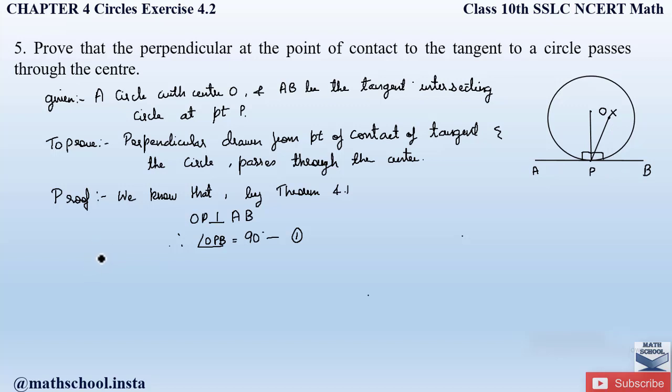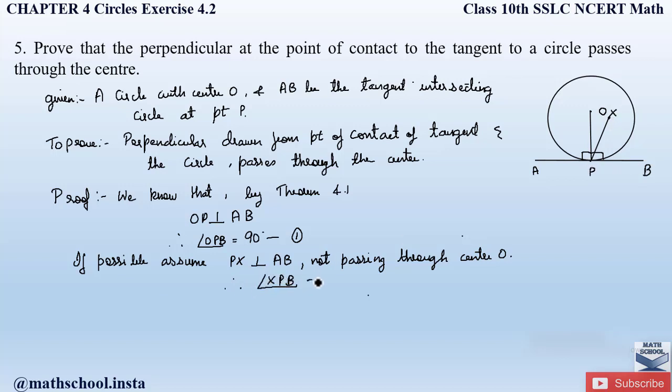So let us write down: if possible, assume PX perpendicular to AB, not passing through center O. Therefore, if it is perpendicular, then angle XPB will also be equal to 90 degrees.